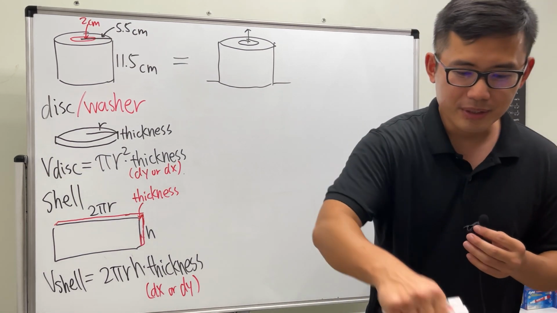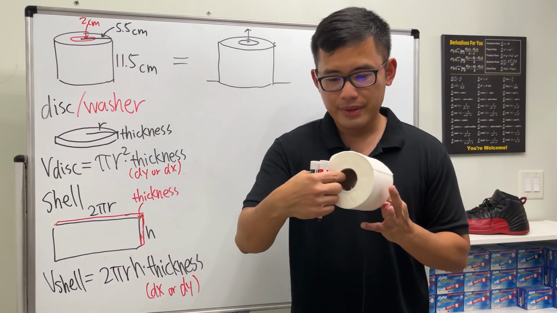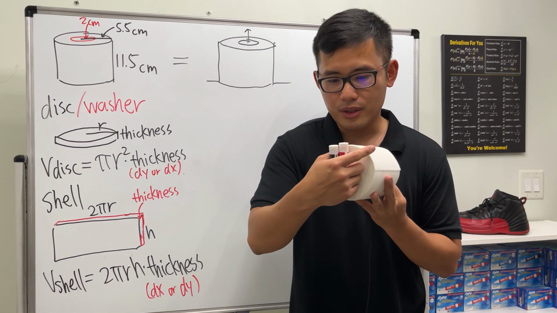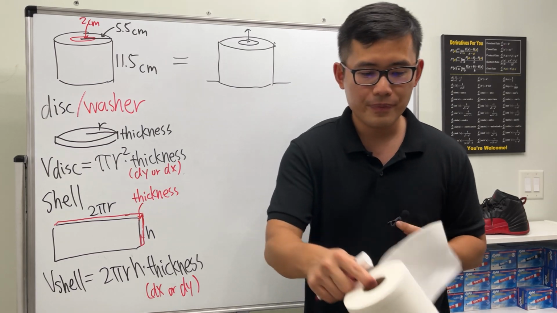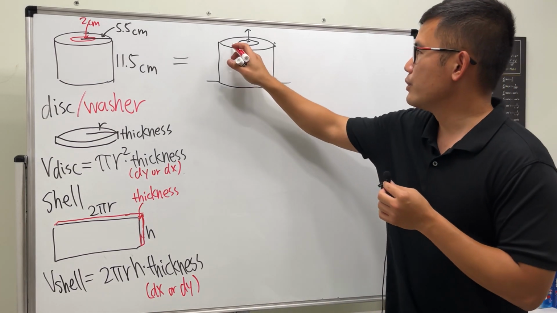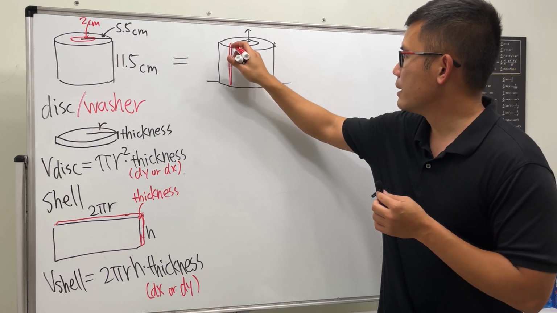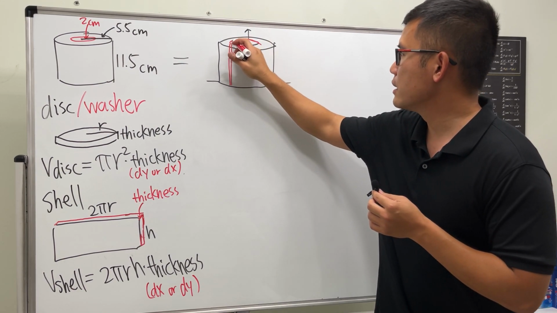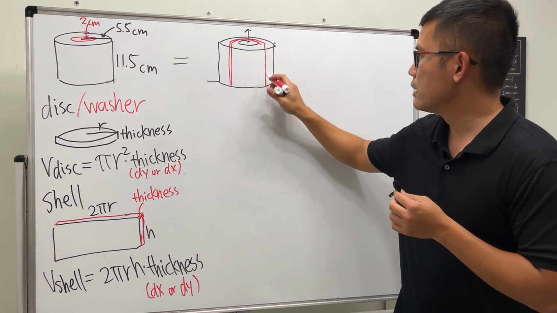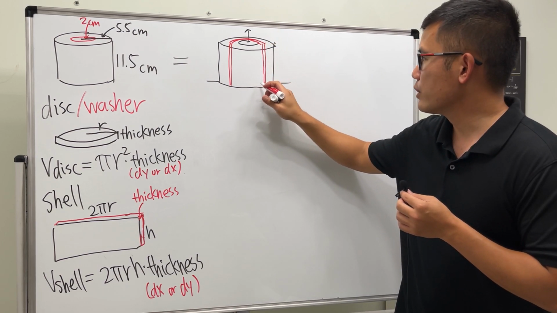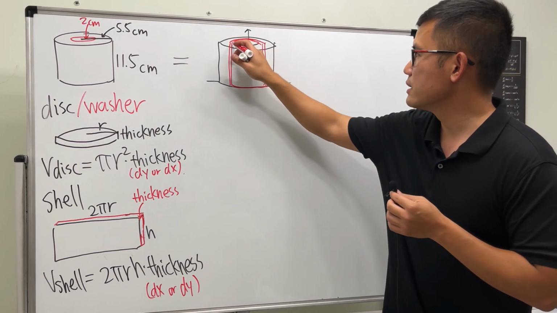What you have to do is just imagine that you are going to take out a revolution of the toilet paper. So to do so, I'm just going to make a vertical cut right here like this. And then I'm just going to go around. So this is that sheet of toilet paper that we are about to take out.